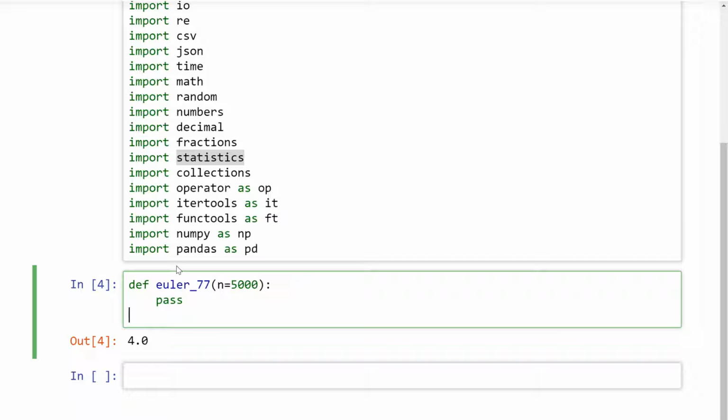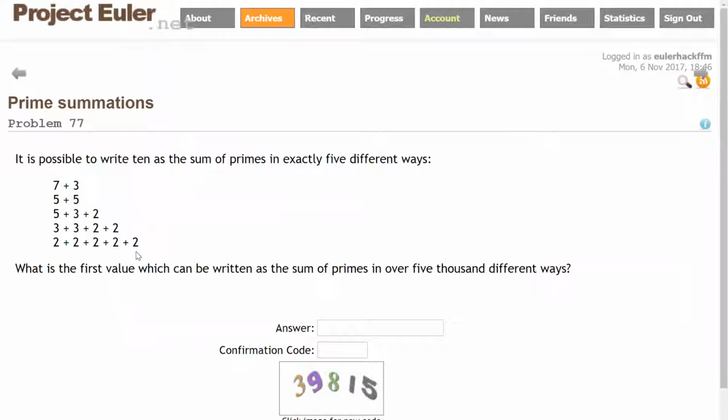But this recursion only works for the prime numbers. It would only be requested for the prime numbers. So at least we are memoizing the different ways for a prime number.